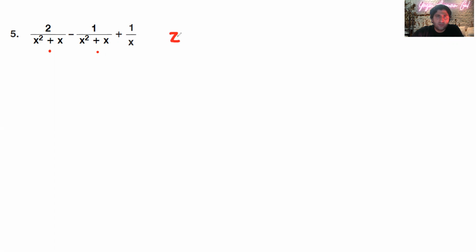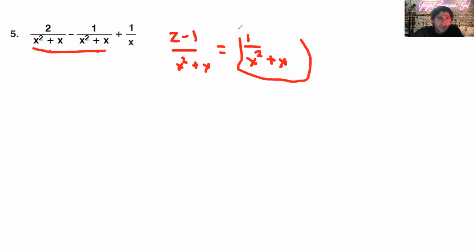So it's basically 2 minus a over x squared plus x. So when I do that, that equals 1 over x squared plus x. Then it says plus 1 over x.